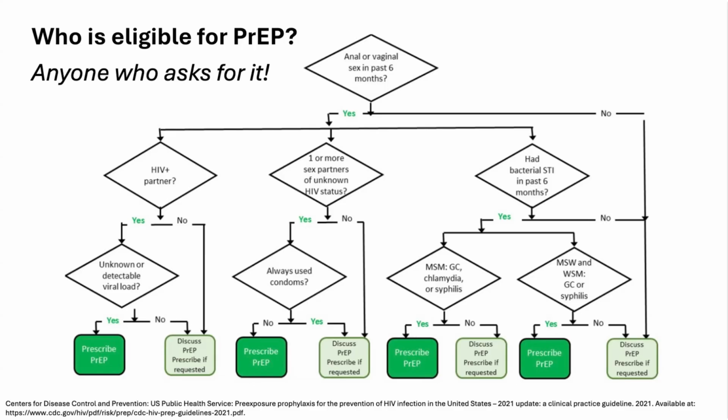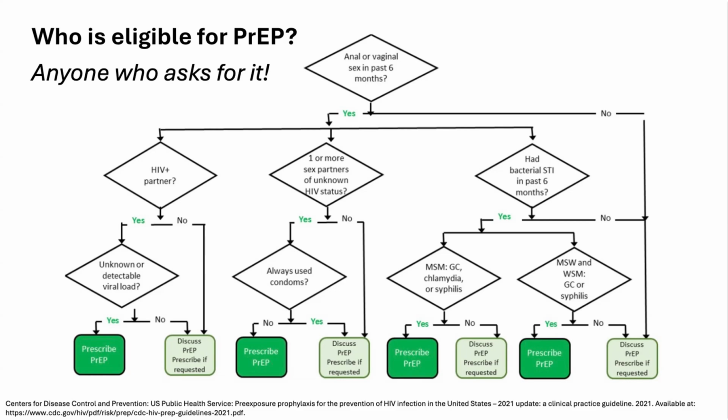People who've had sex in the past 6 months and have one or more partners of unknown HIV status and don't always use condoms would also be eligible for PrEP. And then people who have had a sexually transmitted infection in the past 6 months would also be eligible. And that is because those can be a marker of the possibility that this person may acquire HIV.